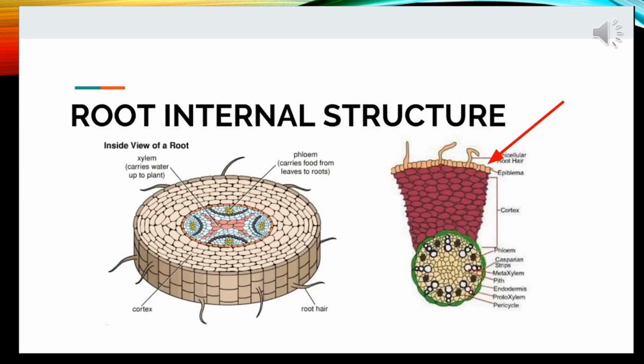Those many layered parenchyma cells are the cortex. And after the cortex, when we go inner, you can see the xylem and phloem. They are the conducting tissues. So the root hair absorbs water from the soil, then it passes through the cortex, then to the inner part of the root, that is to the xylem. That xylem transports water to upper parts of the plant.